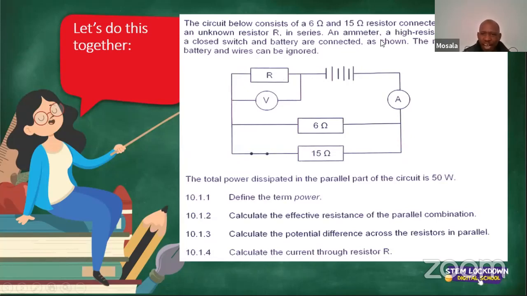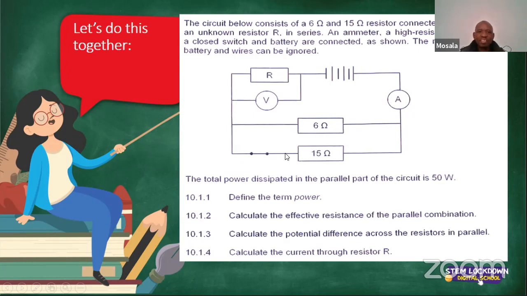Right, now, an ammeter, a high resistance voltmeter, a closed switch and a battery are connected as shown.